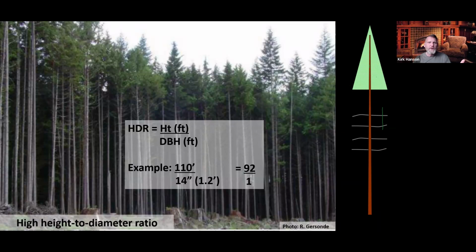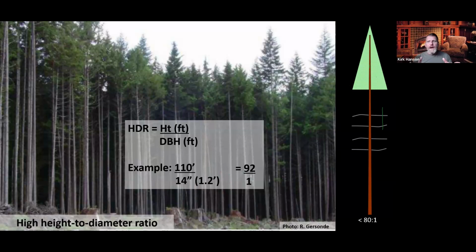diameter ratio. So for instance, if we have a tree that's 14 inches in diameter, and that's 1.2 feet, and it's 110 feet tall, we're going to divide 110 by 1.2 and get 92, or a 92 to 1 height to diameter ratio.